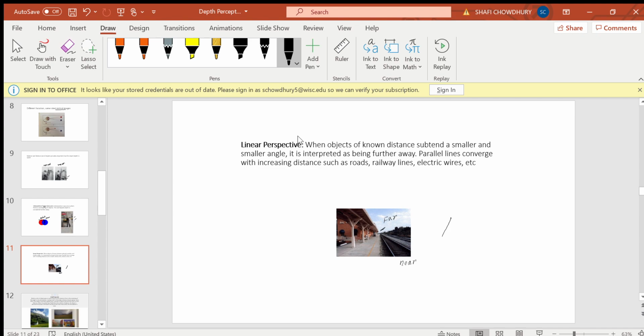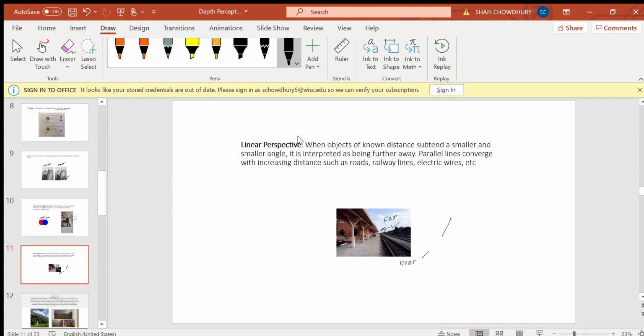You see, as the lines go farther, they converge, they come close to each other. Although they are at the same distance from each other, this is a usual picture, right? So that means this is the far end, this is the near end.